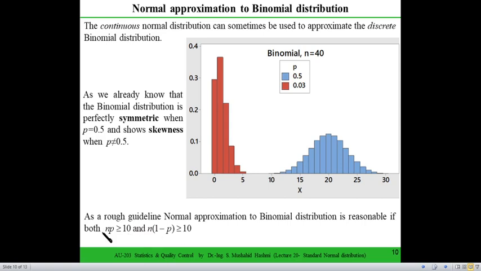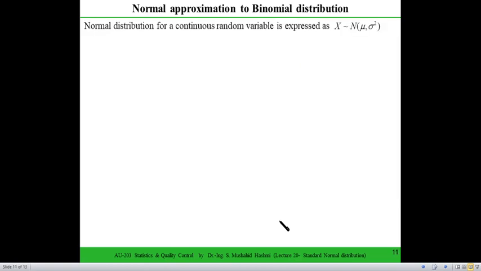If these two conditions are satisfied, then one can use a normal distribution to calculate the probability of a binomial distribution. Let's say we have a normal distribution, which is a continuous random variable with mean mu and variance.